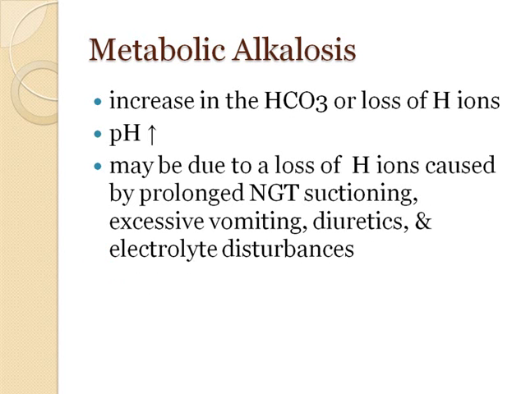Metabolic alkalosis, on the other hand, is when we have an increase in the bicarbonate or loss of our acid, or hydrogen ions. So our pH is going to be greater than 7.45. It may be due to a loss of hydrogen ions that could be caused by prolonged NG tube suctioning, excessive vomiting, diuretics, or maybe even electrolyte disturbances.